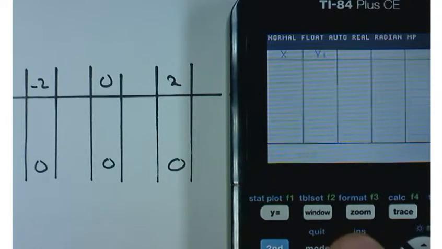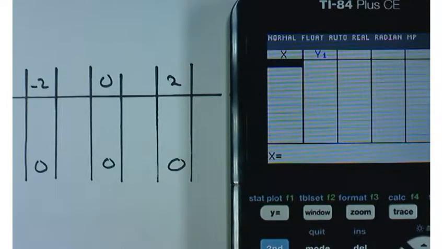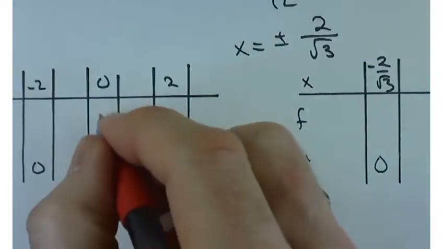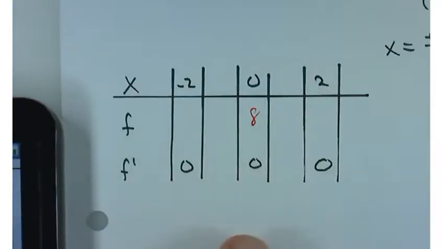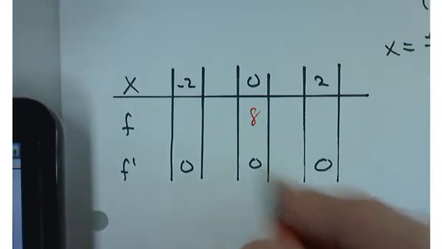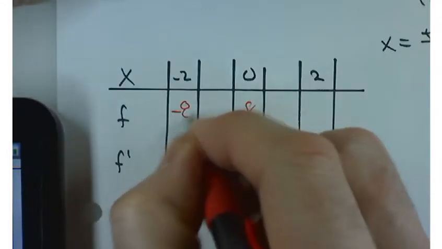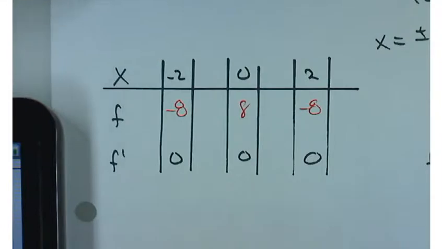Yeah, should be 8. You should be able to just see that. So we'll double check. 0 gives us 8. No big surprise there. But we'll do a couple more functions, like -2 and 2. And so both of these give me -8.